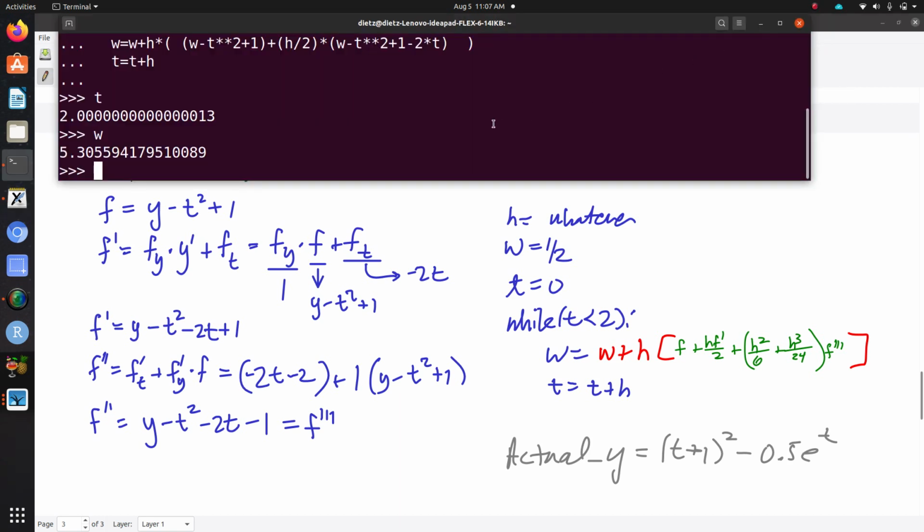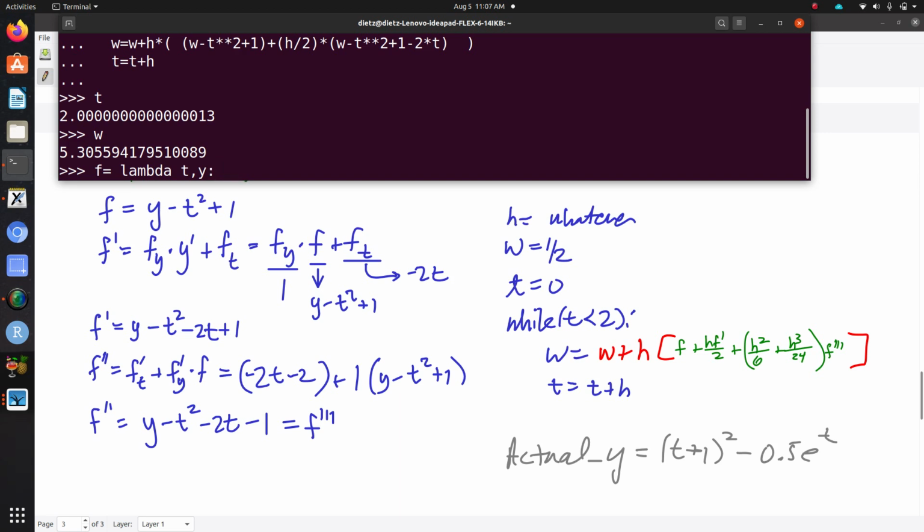Okay, so here I am back in Python, and I'm looking at this and I'm thinking the best way to do this, I want to compare T2 and T4. I want to compare the Taylor order 2 and 4 with the actual solution, but I'm going to do this in a loop. It would help to have F, so I'm going to do F in terms of T and Y, even though we're going to use W. That's okay.